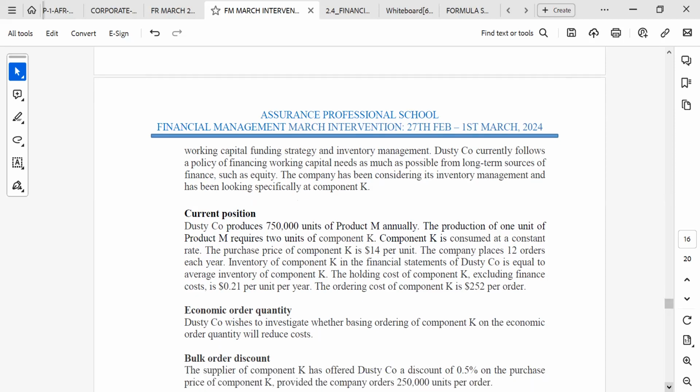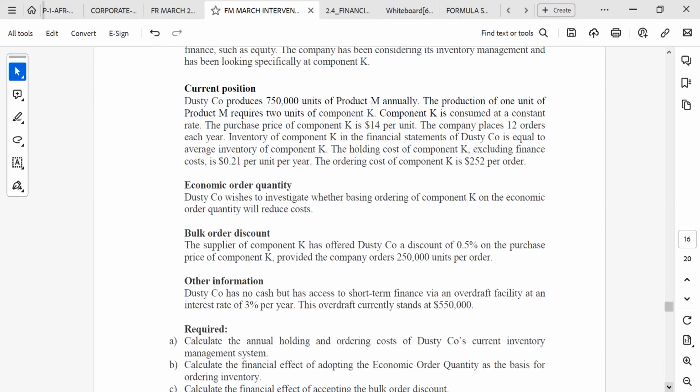The supplier of component K has offered Dastico a discount of 0.5% on the purchase price of component K, provided the company orders 250 units per order. Other information.